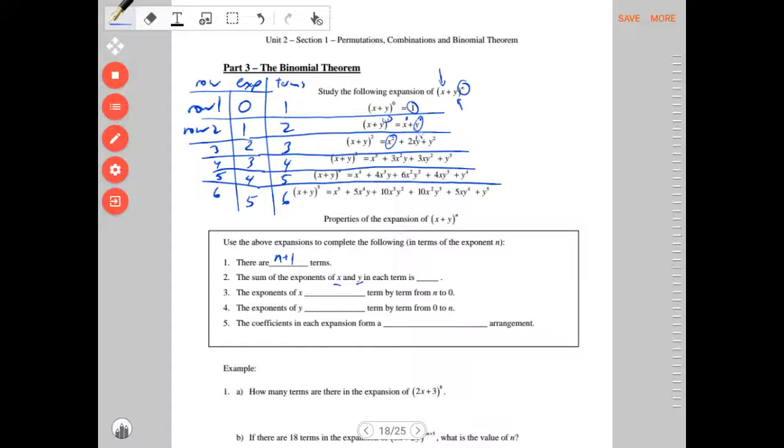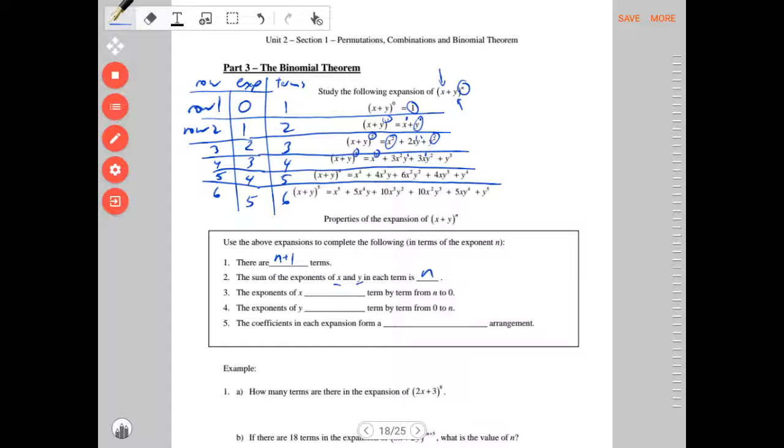These are both 1, so 1 plus 1 is 2. And this guy has y squared. So the sum of the exponents in each term is always that. Look, this guy's 3, that one's 3. 2 plus 1 is 3, 1 plus 2 is 3, and 3. So the sum of the exponents of x and y in each term is always just whatever that original exponent was.